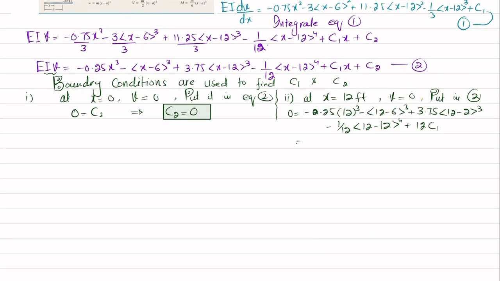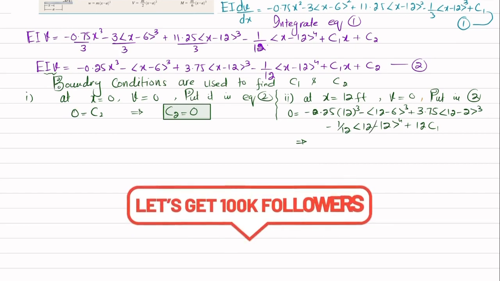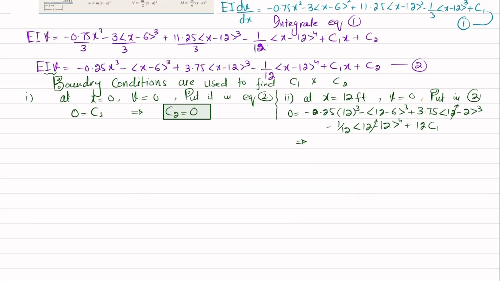So from here, when you calculate it, this term will be 0, this term will be 0. Only we will have 6 cube minus 6 cube minus 0.25 into 12 cube plus 12 C1. So when you calculate, C1 will be equal to 54, and their unit will be kips into feet square.